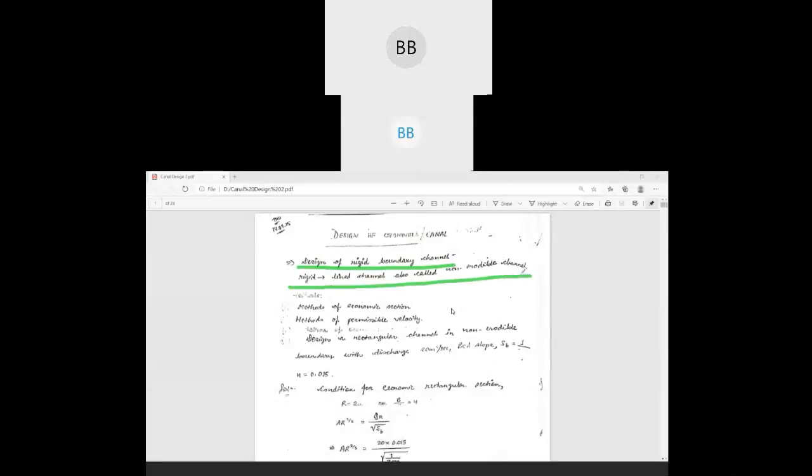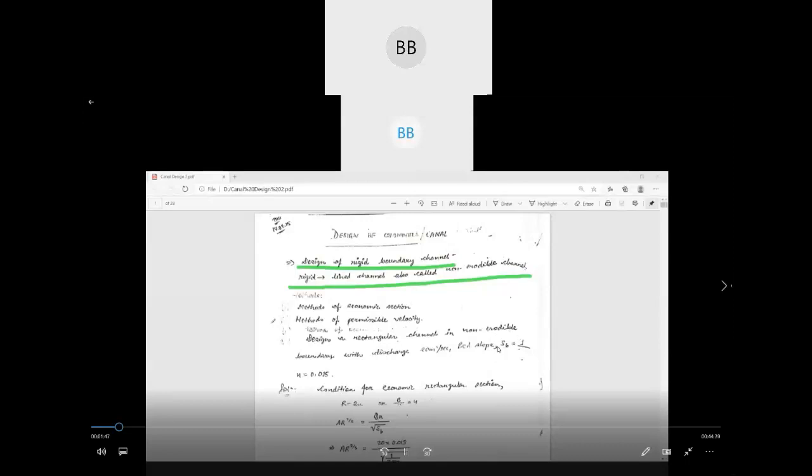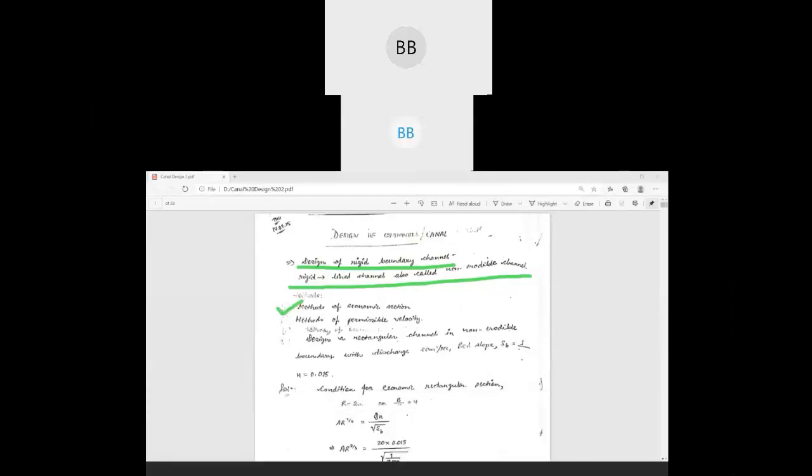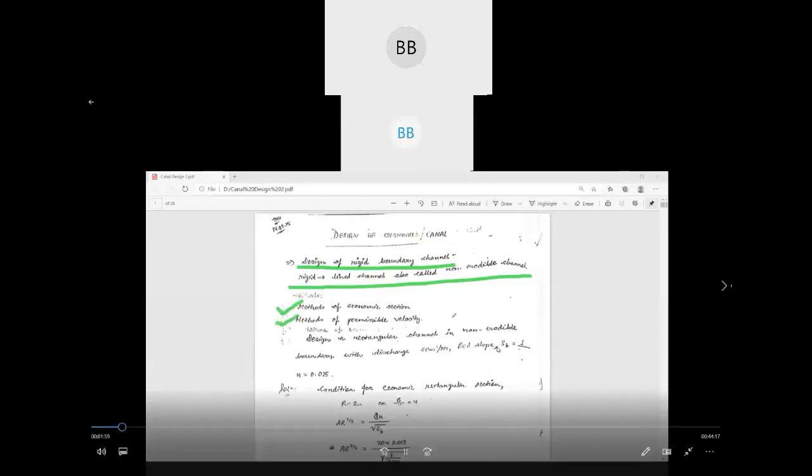In that particular case we have two methods. One is method of economic section, and another one is method of permissible velocity.